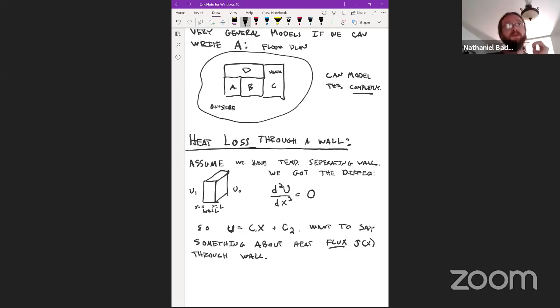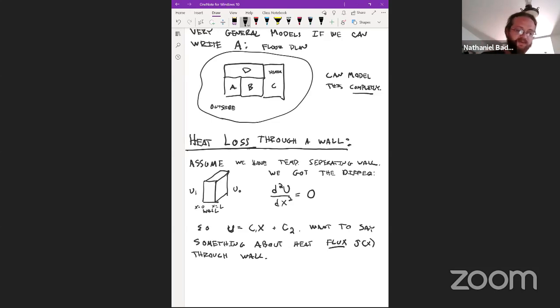The heat flux shouldn't depend on x. In general, of course, it may, but we assume that we're at thermal equilibrium, so any heat entering the wall on the left-hand side has to exit to the right-hand side. But that's okay, because the heat flux is related to the derivative of the heat, so it's minus K times the derivative of the heat. In that case, we are going to get something constant at every point in x. So that's what we want.